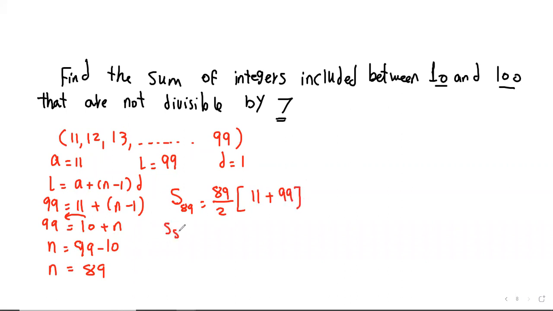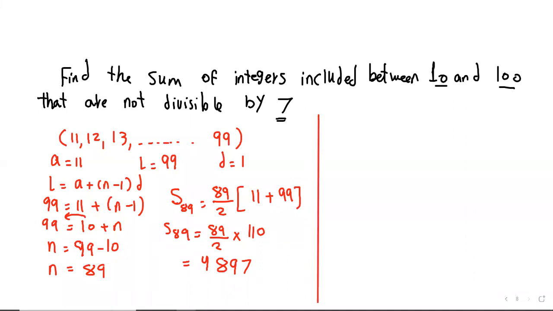So S89 is equal to 89 over 2 multiplied by 110. Then it will be equal to 89 over 2 multiplied by 110, divided by 2 is 55. So it will be 4,895.